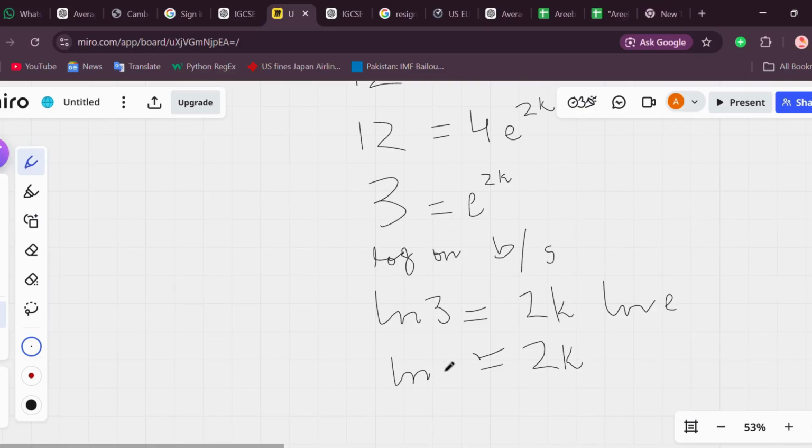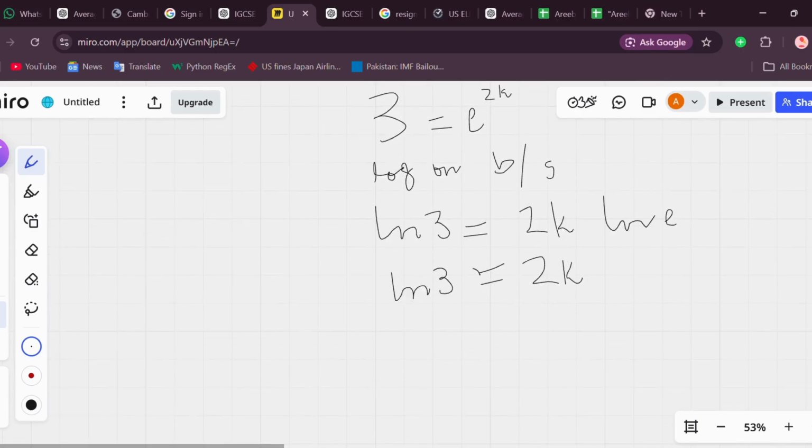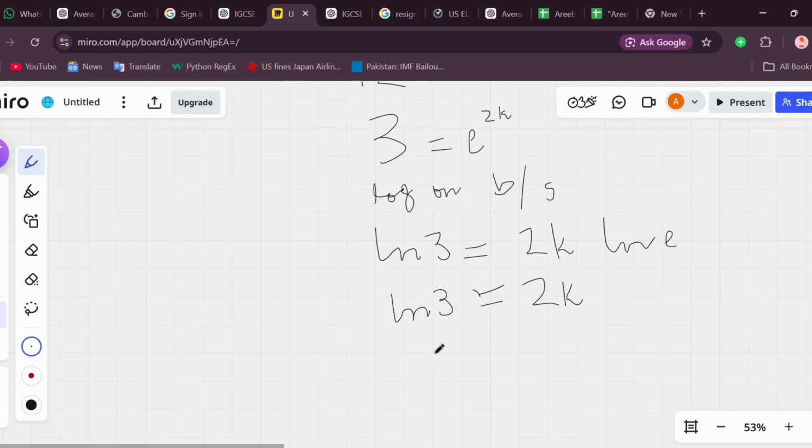Now we have to find the constant, which is k. So k equals ln 3 over 2, which is 1 over 2 ln 3.